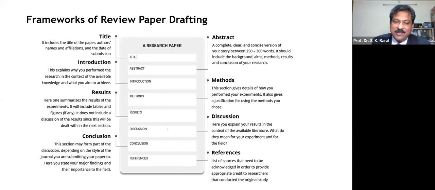So looking into that, you have to find out your major findings and their importance. You have to write that down, and at the end of the paper, you have to write down references.